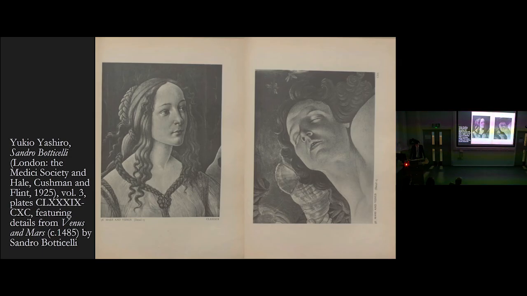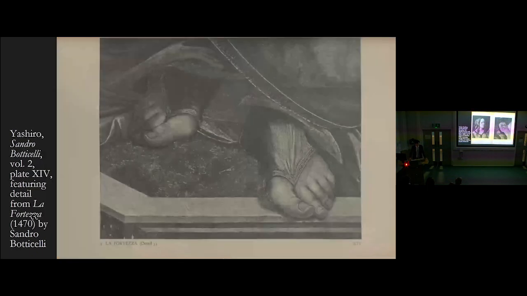Even in 1926, Clark had written to Mary Berenson that with a Sanderson half-plate field camera, we shall be able to, quote, "Yashiro-ize anything we like." Yashiro's deployment of photographic details to form an argument was building on Wölfflin, but with most of Sandro Botticelli dedicated to reproductions, he alters the usual relationship of text and images so that one did not so much read the book as see it.